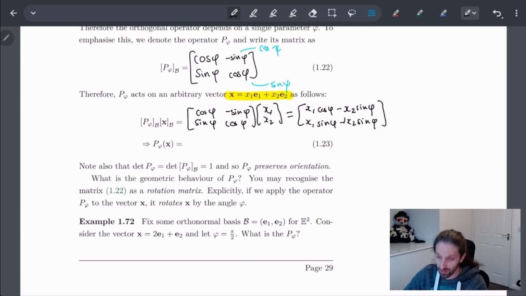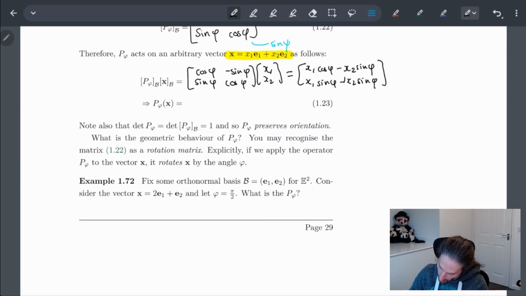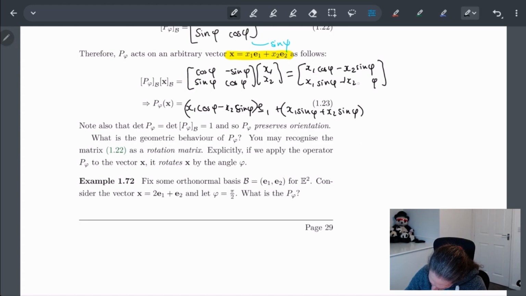So if I'm applying my linear operator to this vector, I have this top one, x1 cosine of phi minus x2 sine of phi, in e1, plus x1 sine of phi plus x2 cosine of phi. Sorry, this should be cosine of phi, I read the wrong one. I was like, wait, we can't have two sines. This is in E2.